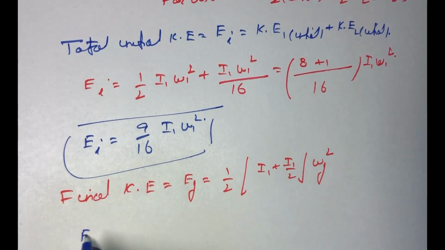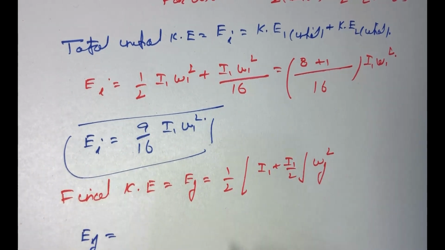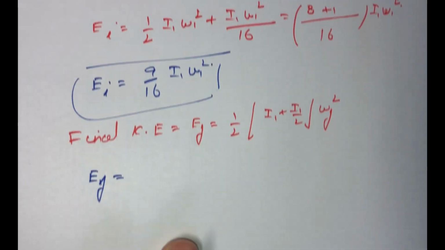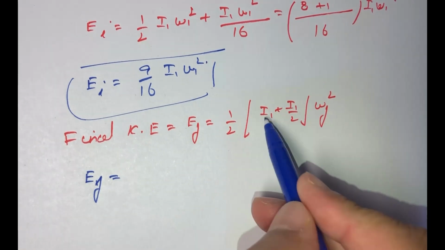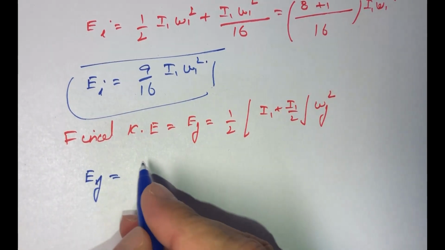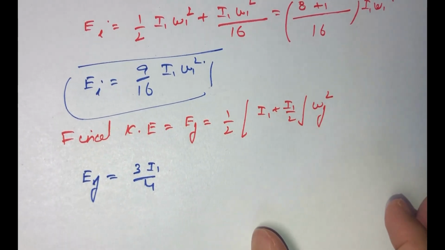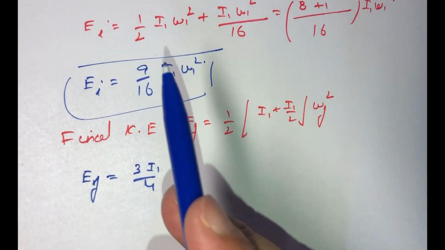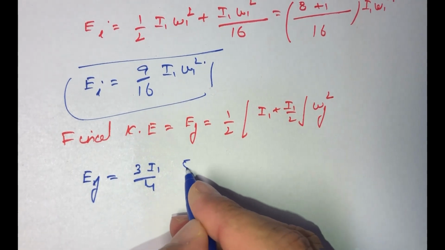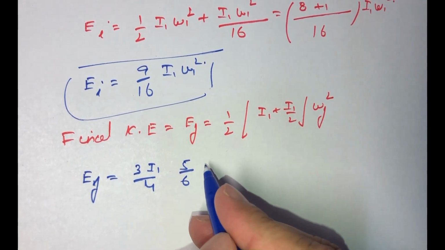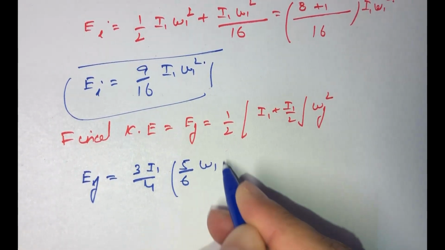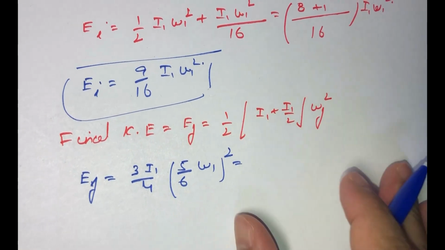So EF is equal to 1/2 times 3I1/2, and omega f we already know in terms of omega 1: 5/6 omega 1 whole square.